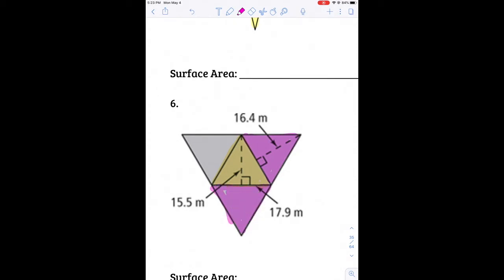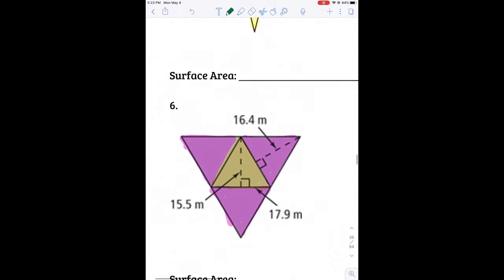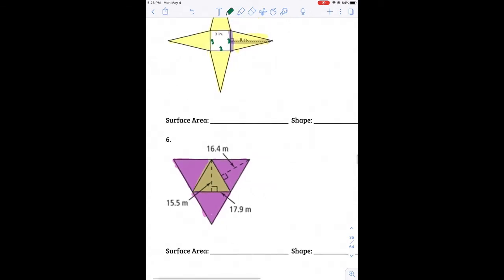So once we find one of these, we could put that answer on all 3. I'm going to start with the orange. It looks like my right angle meets with the 15.5 and the 17.9 on my orange shape. So I'm going to say area equals 1/2 times base times height. Area equals 1/2 times 15.5 times 17.9.